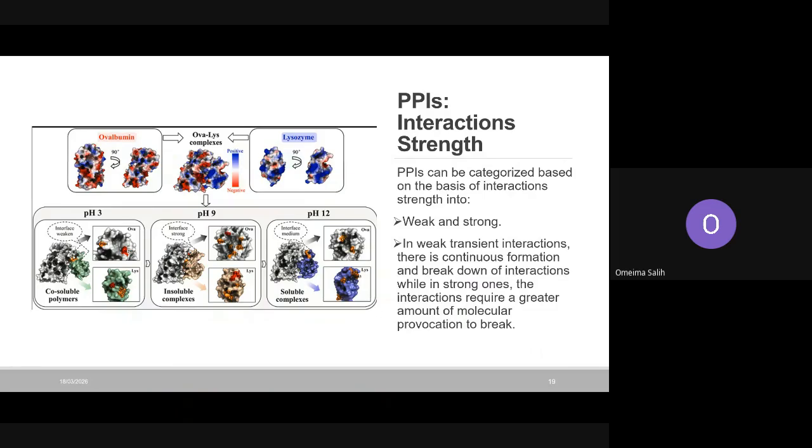So its dissociation depends on the pH, and as you increase the pH to an alkaline status, then they tend to dissociate. So in weak transient interactions, there is continuous formation and breakdown of interactions, while in strong ones, the interactions require a greater amount of molecular provocation to break.